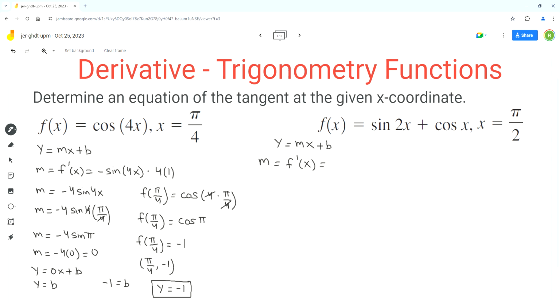So the first term is sine 2x. So we have to use chain rule. So the derivative of the outer function sine is cos times the derivative of the inner function 2x, and the derivative will be 2 times 1, plus the derivative of cos x will be minus sine x.